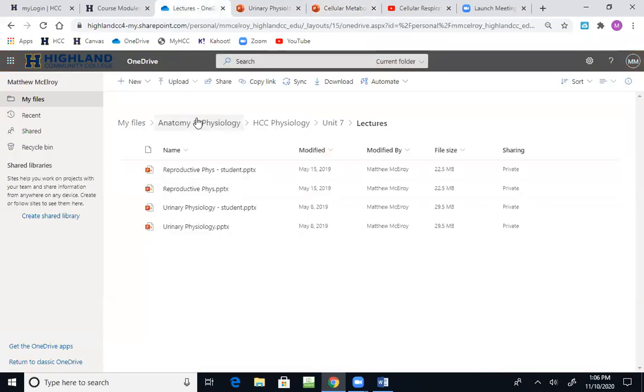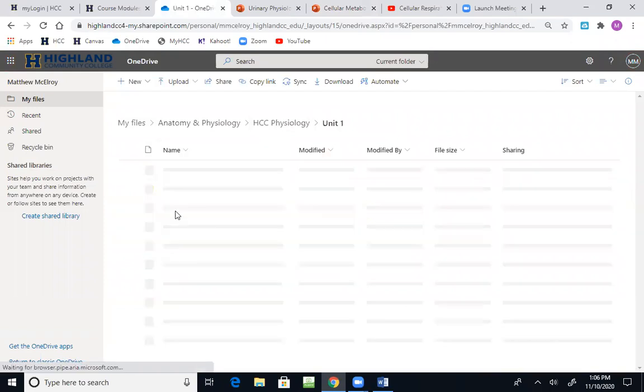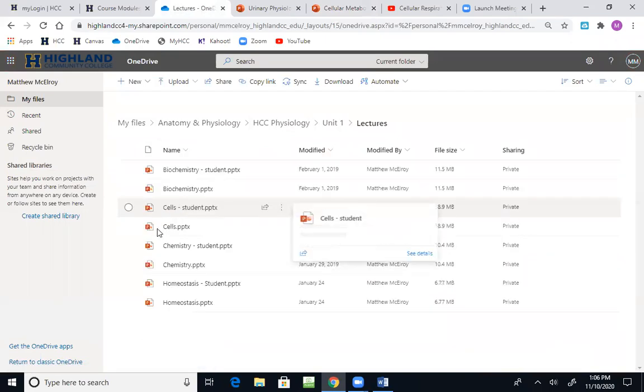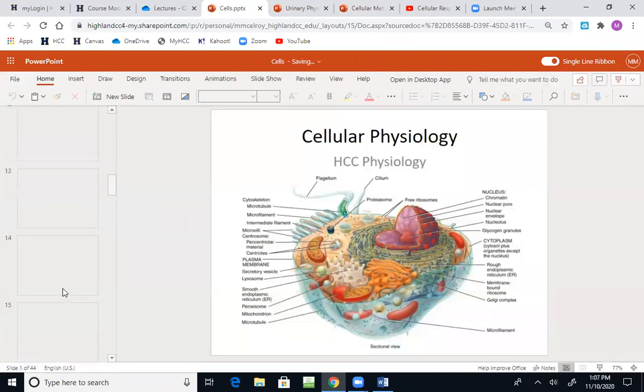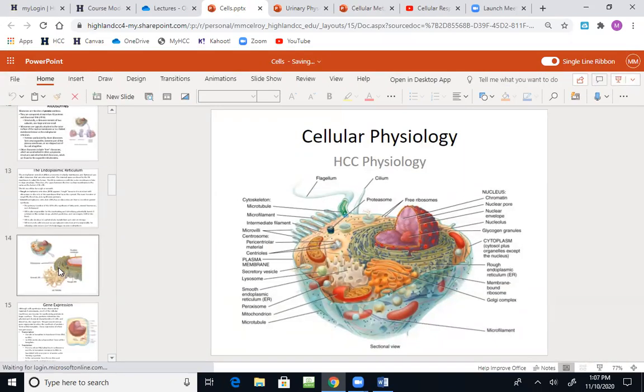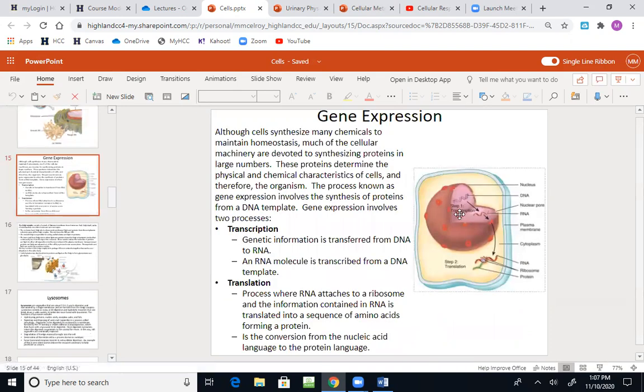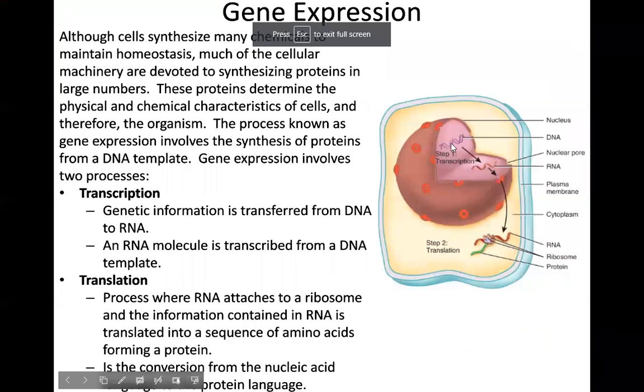Thinking back to the very beginning of the semester, when we talked about what we call gene expression. Remember, gene expression was a process where we take a DNA template inside our nucleus, we transcribe it, forming RNA. We take that RNA and using ribosomes, our protein factories, we take amino acids and we put them together, forming proteins.